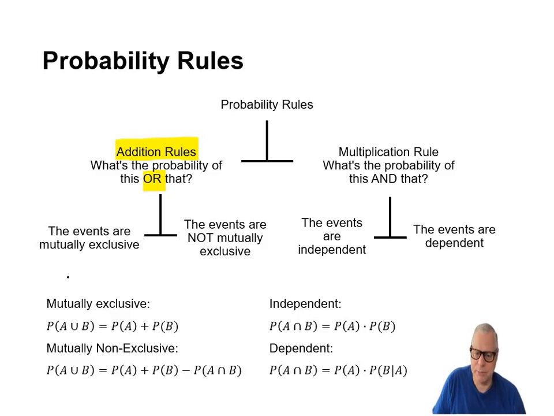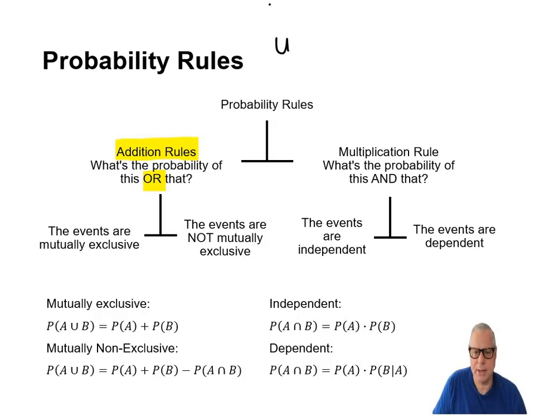So then we know, okay, the question is about an or, so that calls for the addition rule, but rolling a 1 or a 2, those are mutually exclusive events. You cannot roll both at the same time. So therefore we just add up the individual probabilities. And the correct statistical language is the probability of A union B.